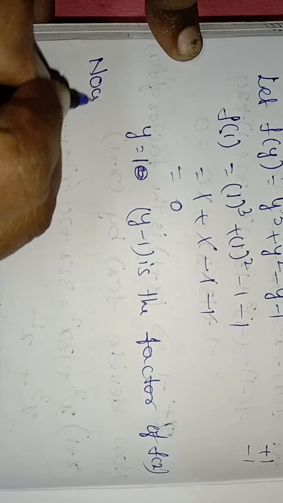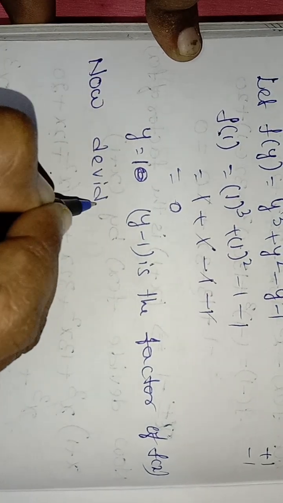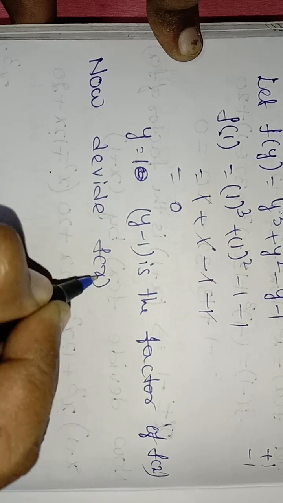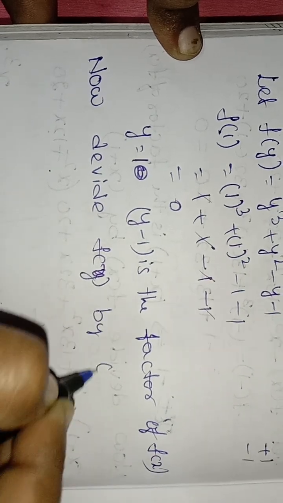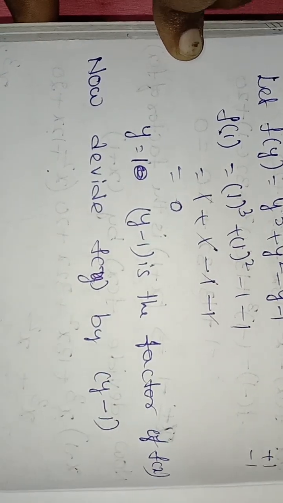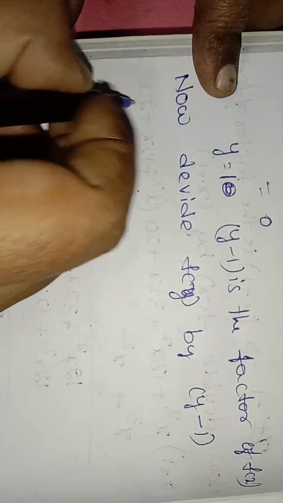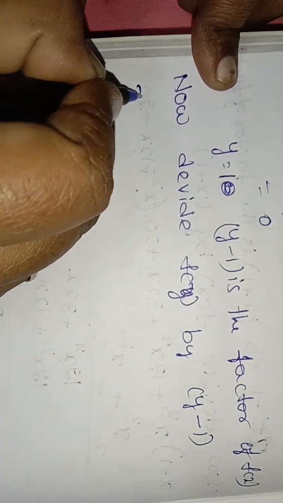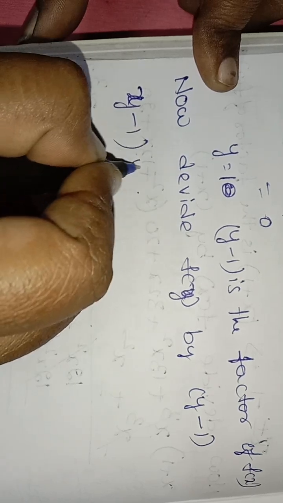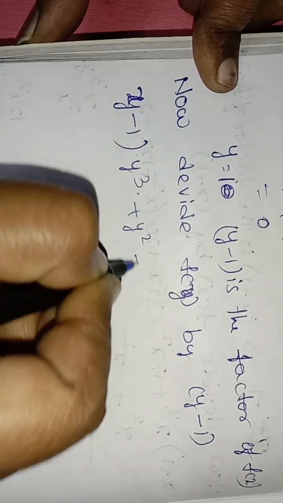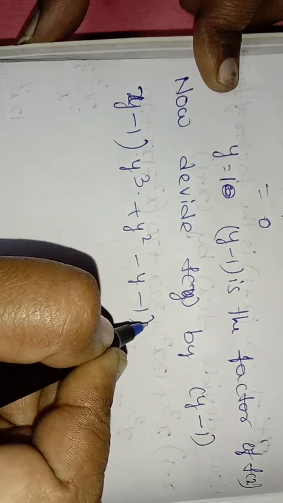Now divide f of y by y minus 1. Right? So divide y cube plus y square minus y minus 1 by y minus 1.